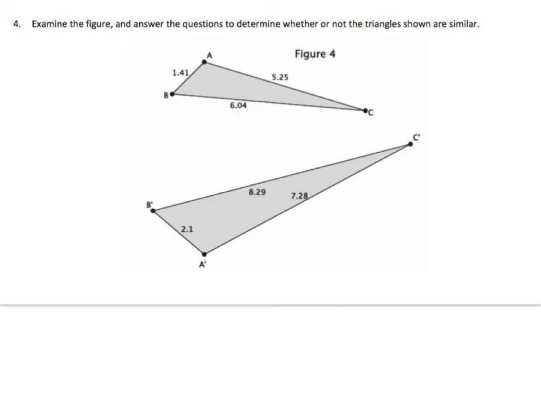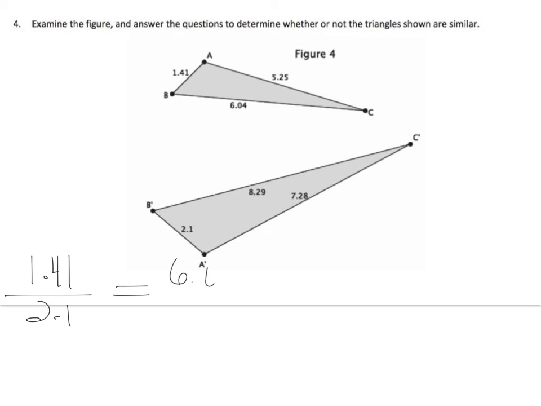Okay, examine the figure and answer the questions to determine whether or not the triangles shown are similar. Let's just go ahead and check the ratios. We're going to go through the steps. For this one, if I look ahead, it does say ABC, A prime, B prime, C prime, so let's check them in that order. A to B is 1.41, A prime, B prime, 2.1.